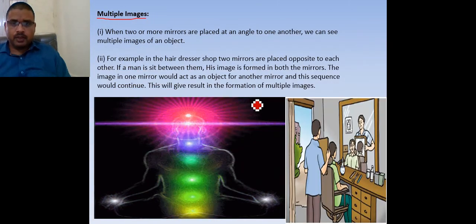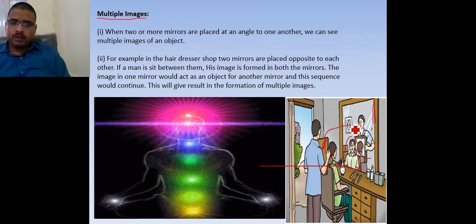Here you can see this person who is sitting in the saloon shop, and he can observe himself in this mirror. This is the first mirror and this is the second mirror, and these two mirrors are basically parallel to one another.